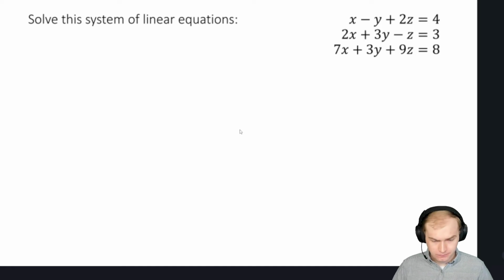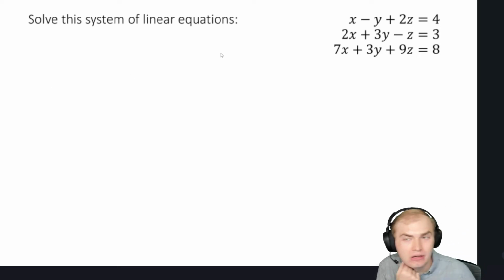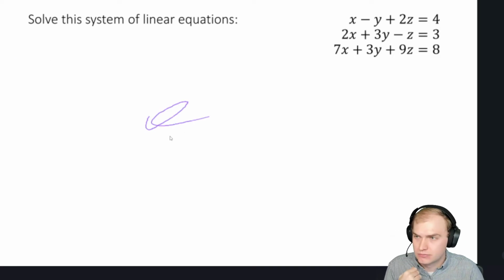So, maybe the way you think to solve this system of linear equations is to go straight for... Huh. That's weird.